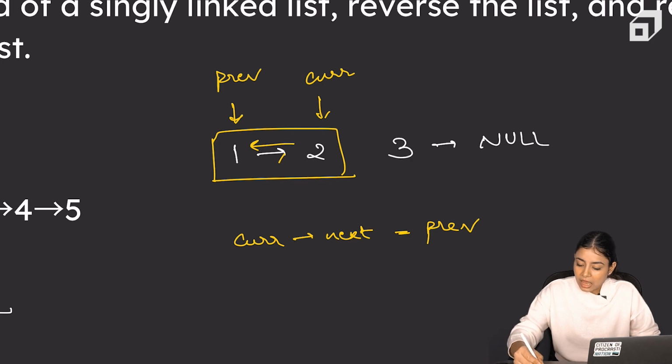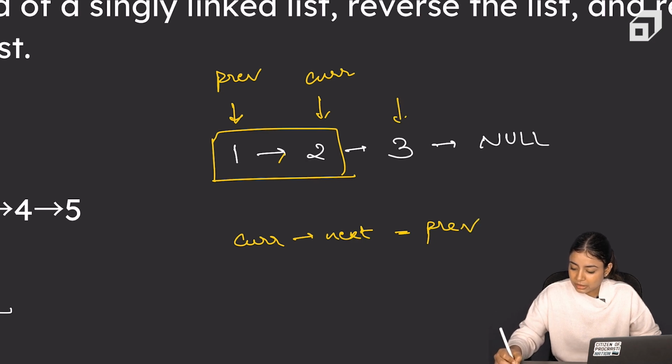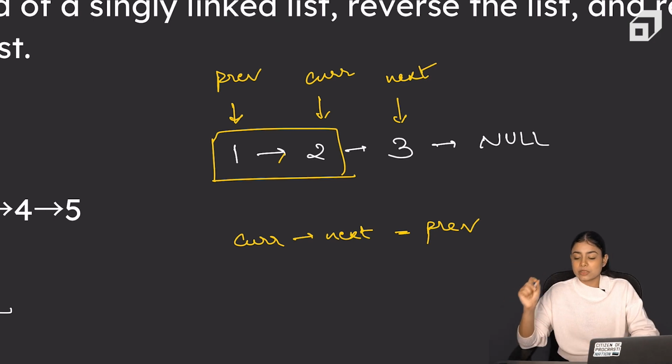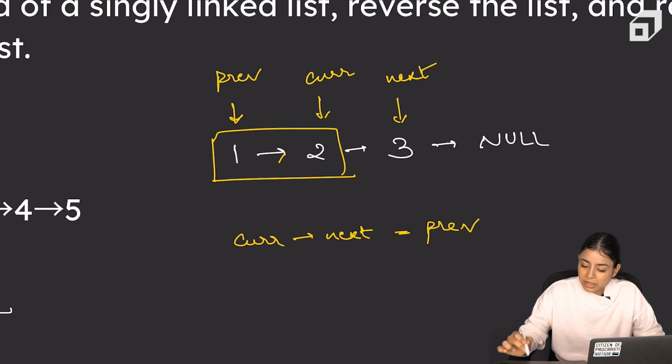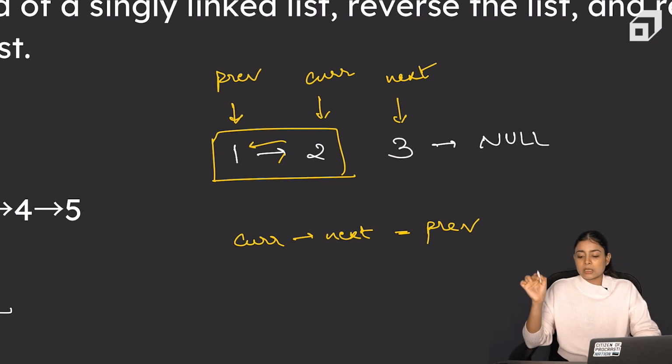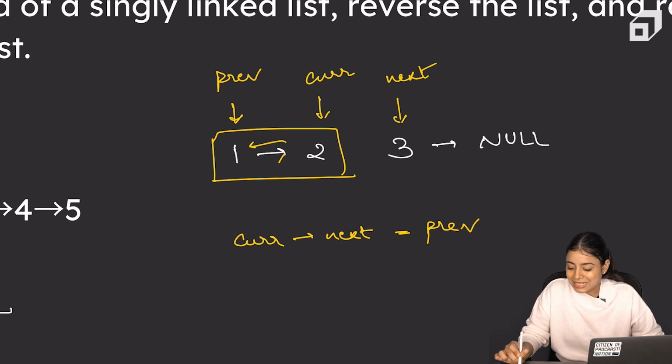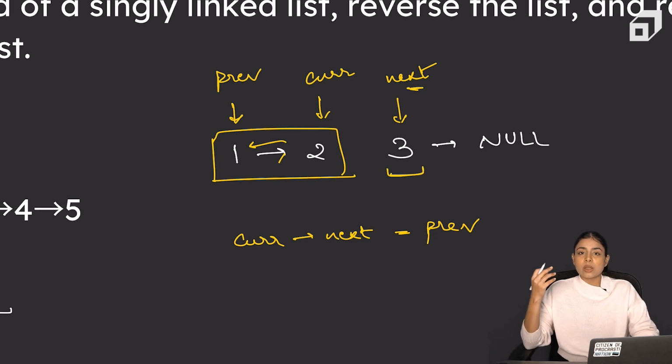If I create another pointer, let's just call it the next pointer, and make it point to 3, then even if I remove this link and reverse it, make it point to previous, I still have access to 3 through the next pointer. So we basically will need to have 3 pointers here.